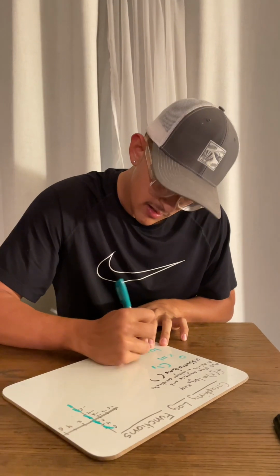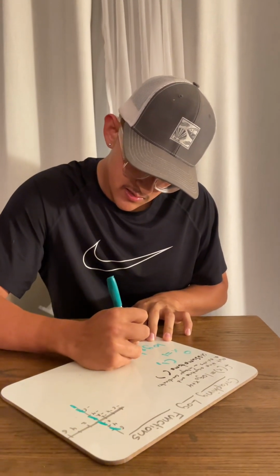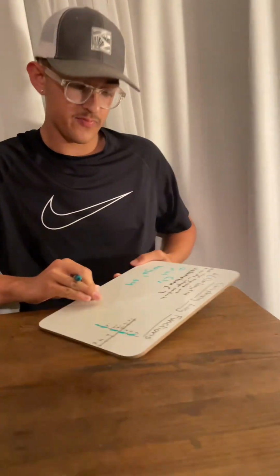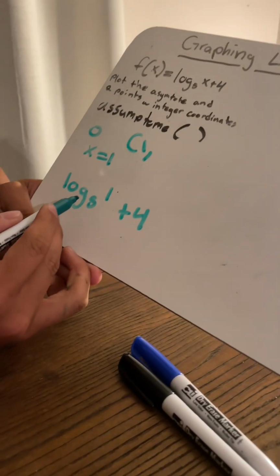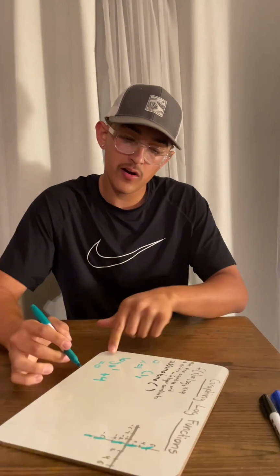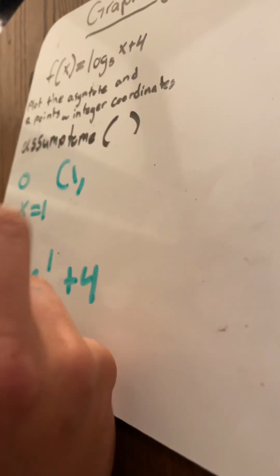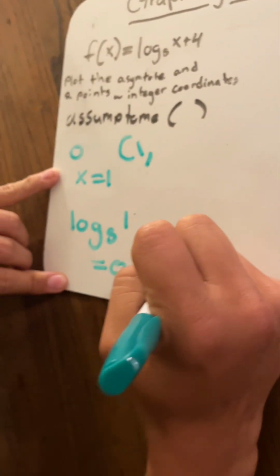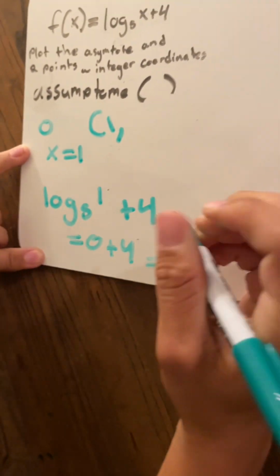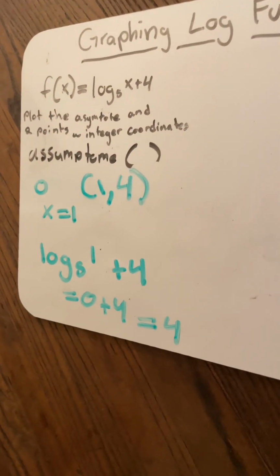This would be log base 5 of 1, plus 4. Now, log of 1 base 5 is equal to 0. And the 4, which is on the outside, is what you add last. So you have 0 plus 4, and that equals 4. So the first point is (1, 4).